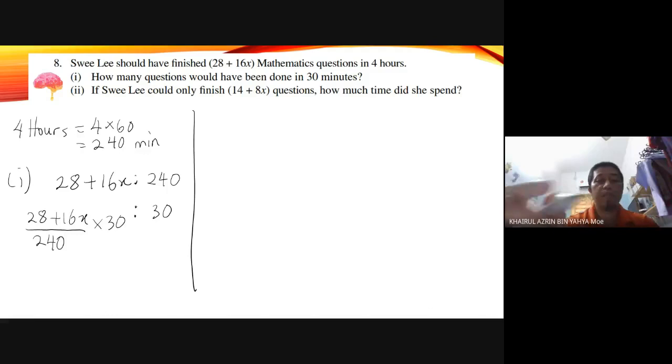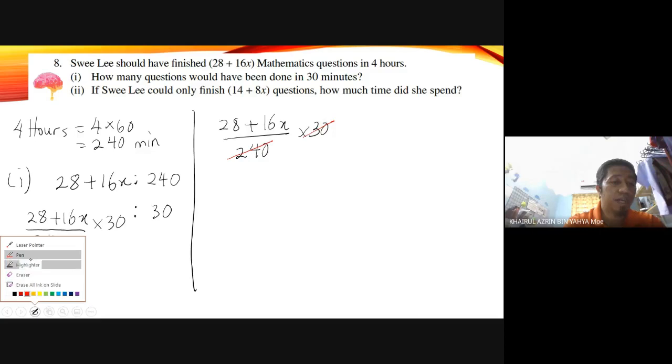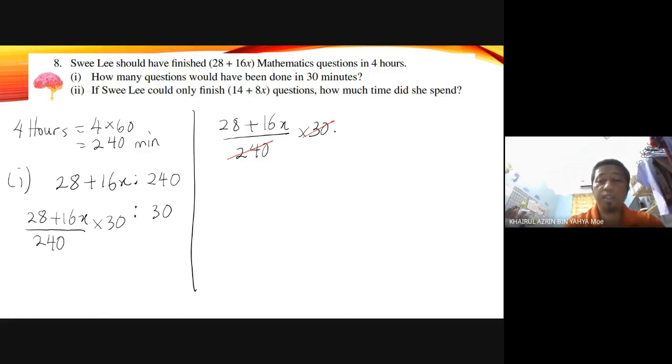Now we solve this one. 28 plus 16x divided by 240 times 30. Okay, let me use this color. Okay, 240 and 30, this one, we can divide. 30 divided by 30 is 1, 240 divided by 30 is 8.